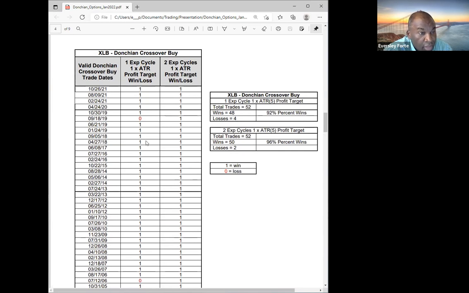This is an example for XLB, material sector: if I have a 1 ATR target, I'll talk about ATR in a moment, it's 92% wins if I give 1 expiration cycle worth of time for the option. And I know we have 96% wins if it's 2 expiration cycles.